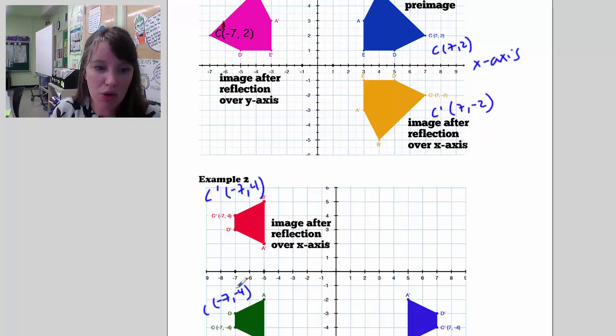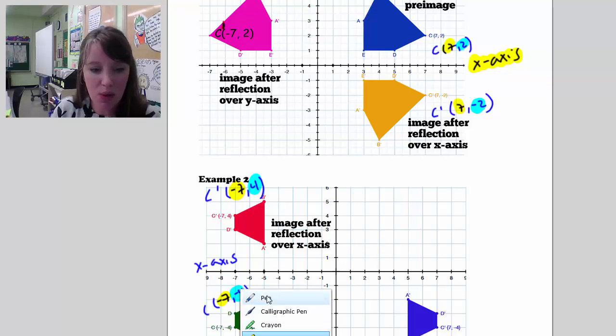So again, we see that the x coordinates remain the same, just like before. Here, when I reflected it over the x-axis, the x coordinates remain the same, same with this one. But what happened with the y coordinates is that they changed from negative to positive. Here it changed from positive to negative, and here it changed from negative to positive.